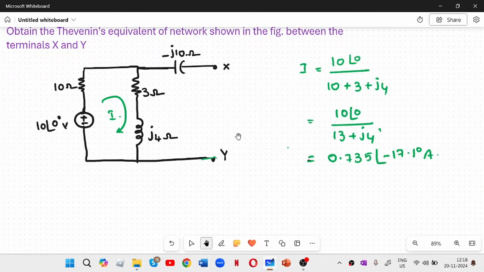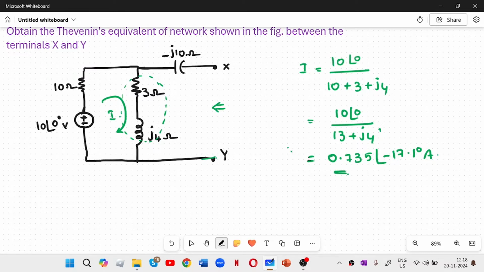Now after finding out the current, we have to find out the voltage across these x, y terminals, that is nothing but your V Thevenin. So to find out V Thevenin, or the voltage across x and y terminals, we have to find out the voltage across this branch, that is 3 plus J4 ohm.